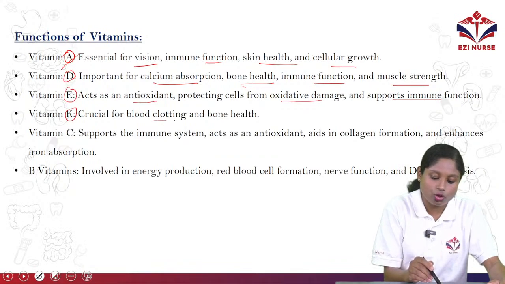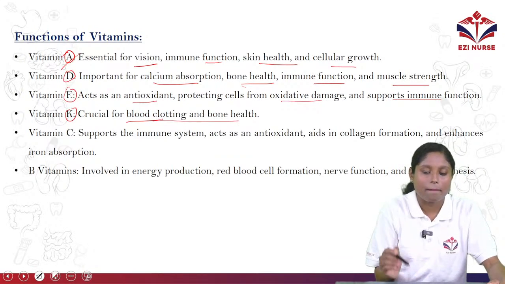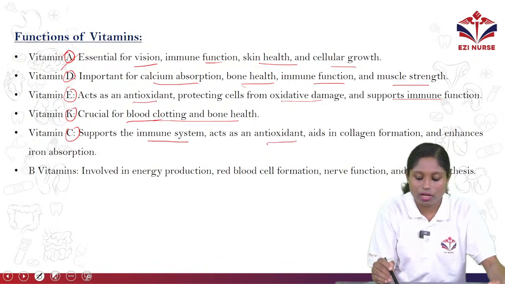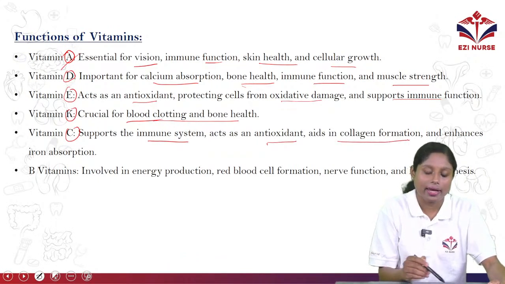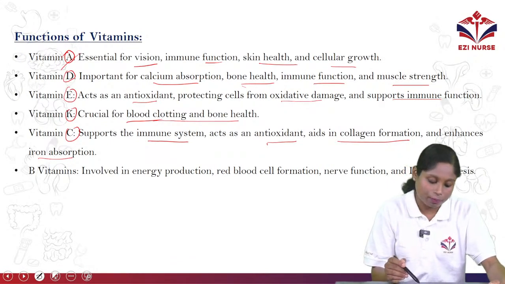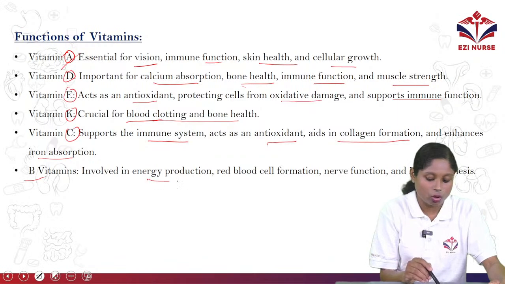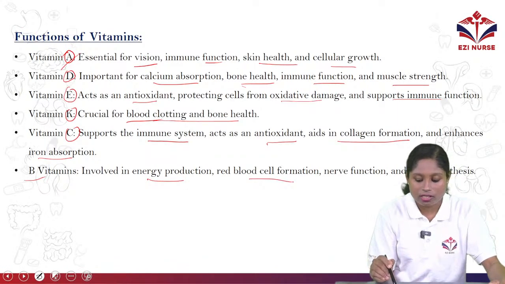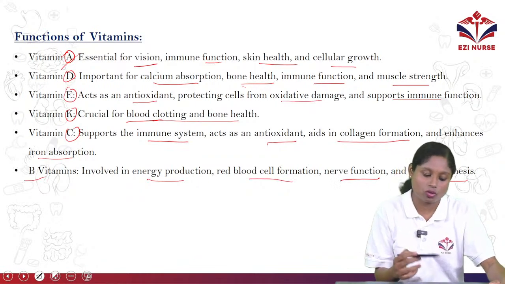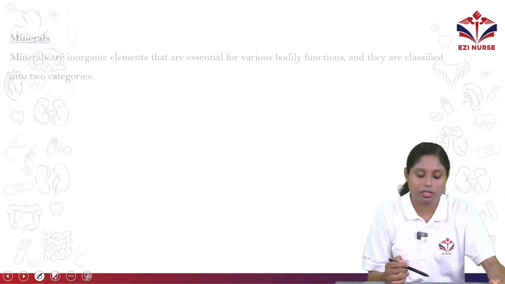Vitamin K is crucial for blood clotting and also bone health. Vitamin C supports the immune system, acts as an antioxidant, aids in collagen formation and enhances iron absorption. So vitamin C is necessary for iron absorption. B vitamins include energy production, red blood cell formation, nerve cell function and also DNA synthesis. So these are the main functions of vitamins.